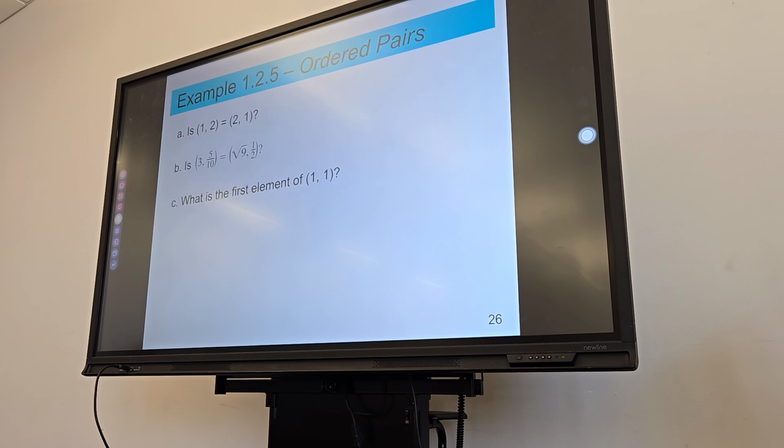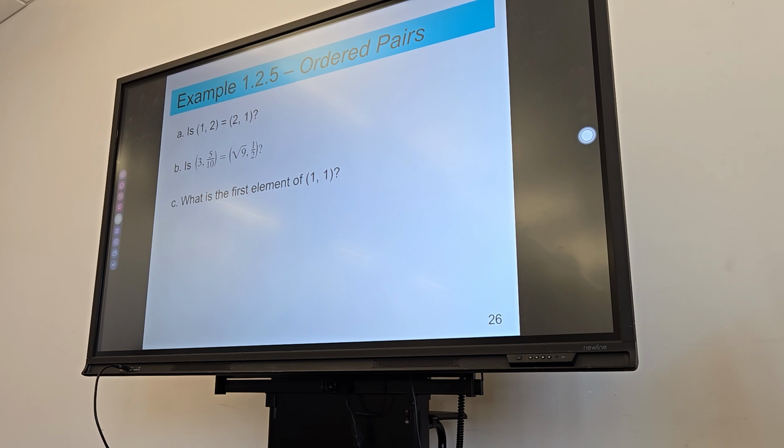Is (1, 2) equal to (2, 1)? No, because the order matters. What about (3, 5/10) equals (square root of 9, 1/2)? Yeah, because if you simplify the terms, the elements are equal.